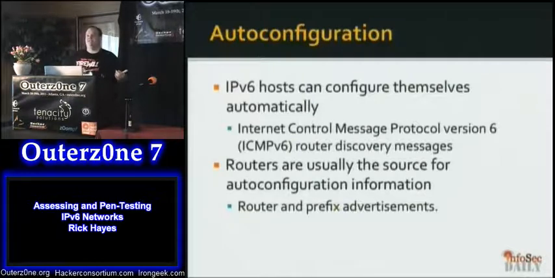If I don't see that, then I have no capability of assigning myself an IP address. So if you set your Mac or any system to use IPv6 and you say automatic, go and see if it gets you an IP address if you do not have a router that says this is what you need to be using, because it has no concept of what the local link is.